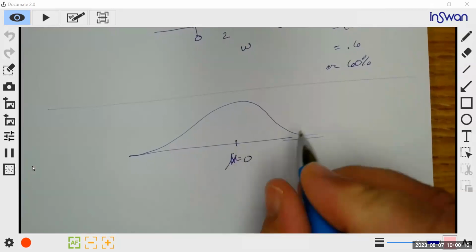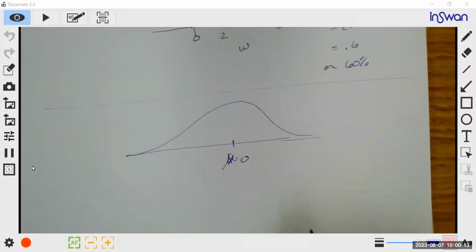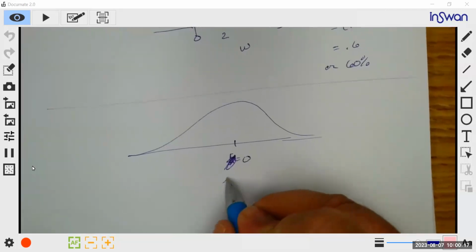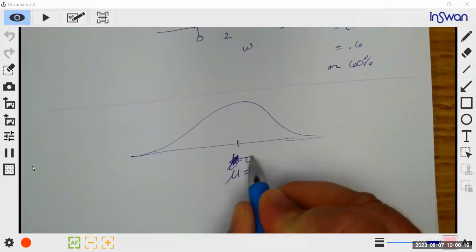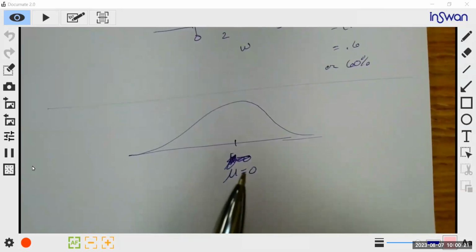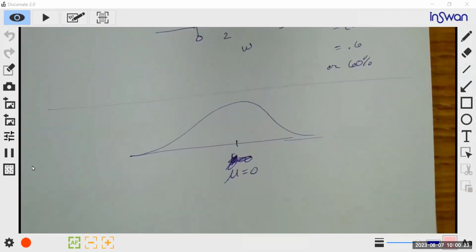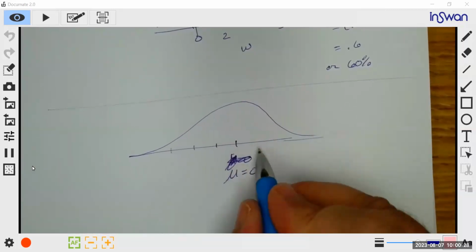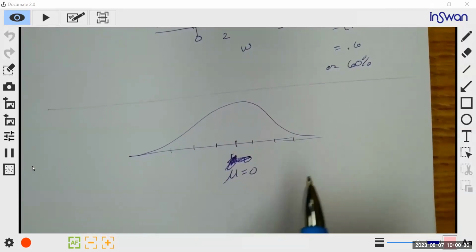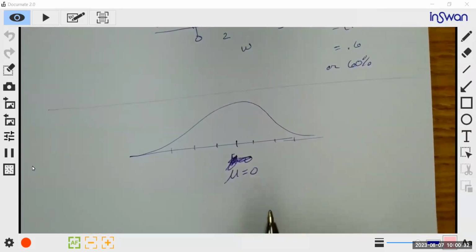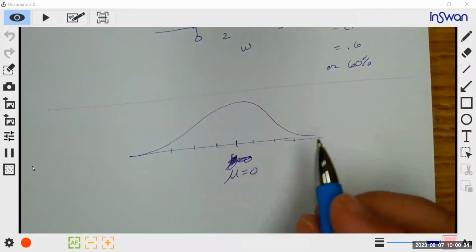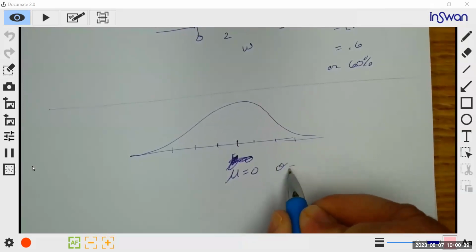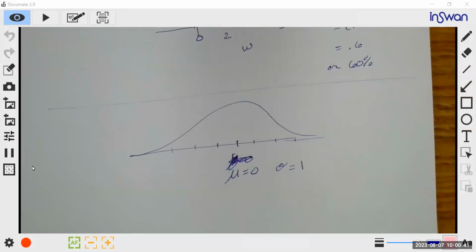Well, let's make it mu. When we look at the population, the mean will be equal to 0. That's the center. Why do we have to have it in the center? Because anything to the left of it will be negative. Anything to the right of it will be positive. And the standard deviation is going to be 1.